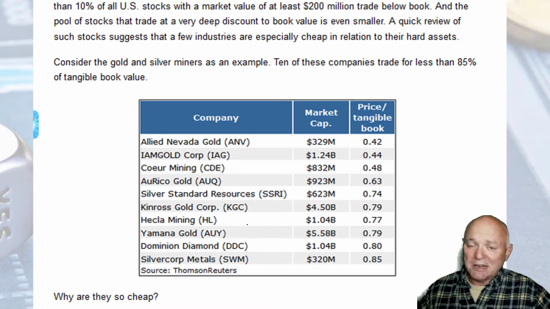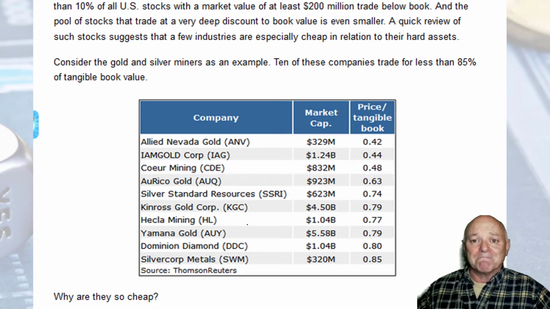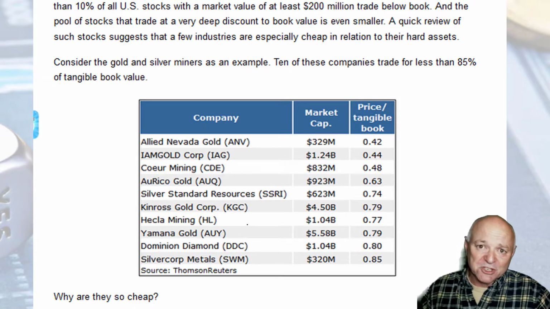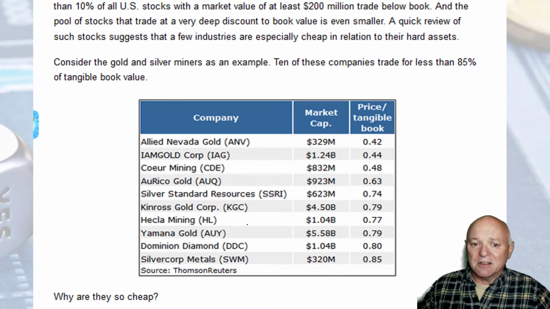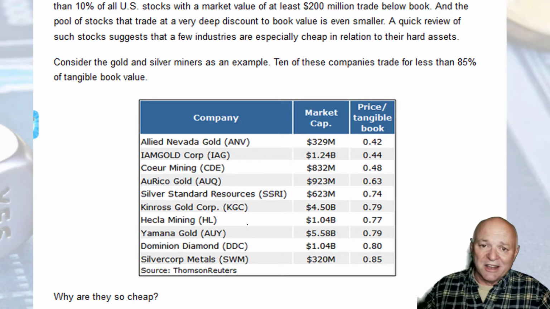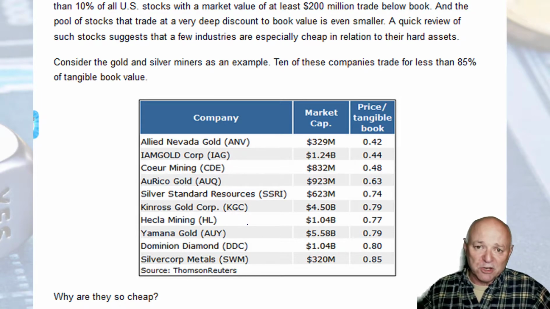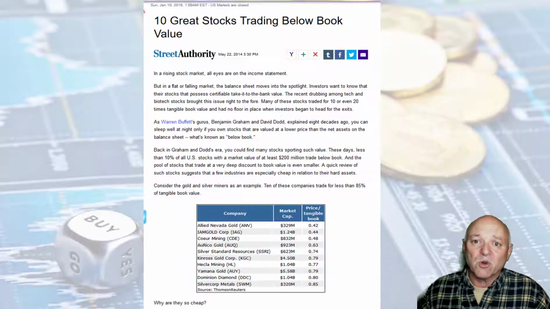So if this company was made up of silver or gold, if those were its principal assets, unless something's wrong with their gold, there must be a reason, or perhaps this is just a plain old bargain at 42 cents on the dollar. Allied Nevada's 42 cents, or as we get to the other end of the list, Silvercore valued at 85 cents on the dollar. So anytime the market to book value ratio is below 1, it's either a bargain or a dog.